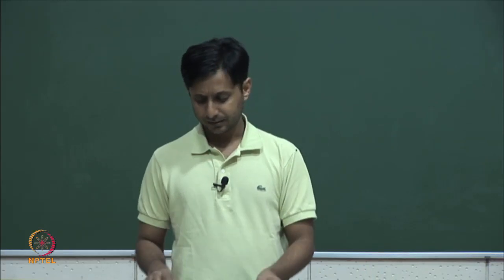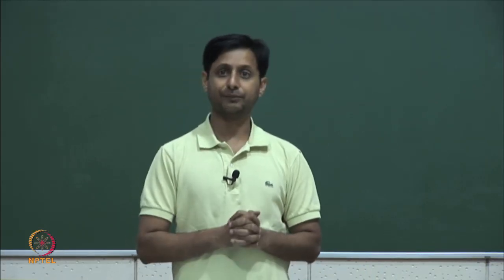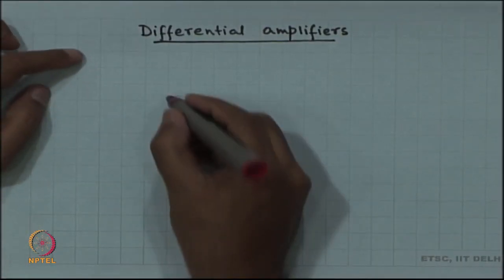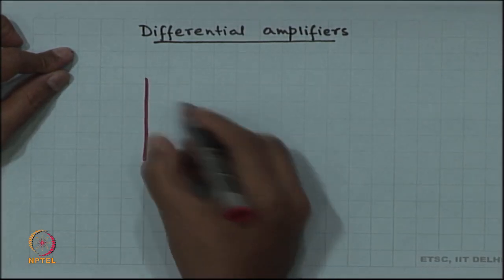So, let us get back to the new topic. The new topic is going to be differential amplifiers, and before I start this new topic I am going to do some very basic circuit theory theorem.